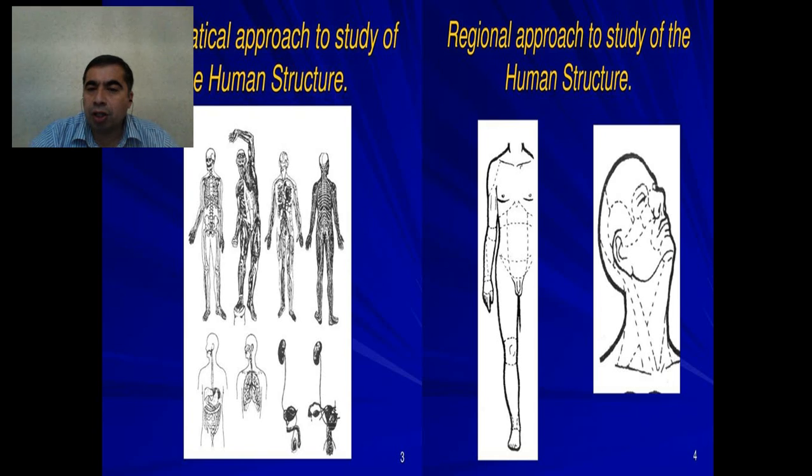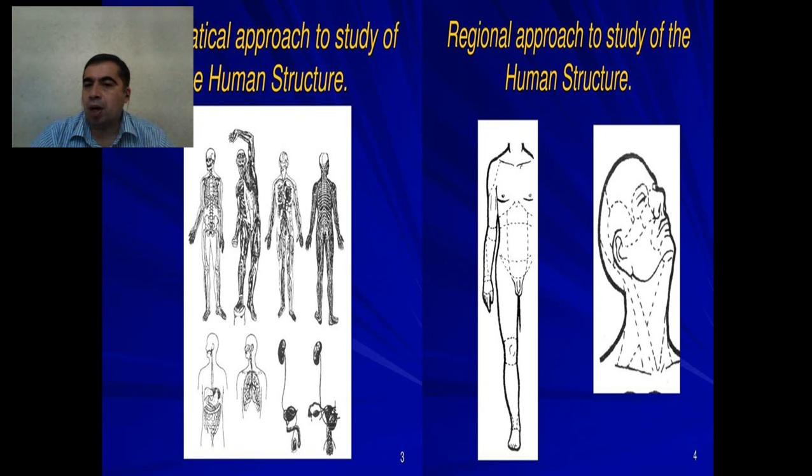Please attention, for example, on the upper limb, in the systematic way, we have used the terms, the classification into the shoulder girdle and the free part of the upper limb, but the regional approach is more detailed.